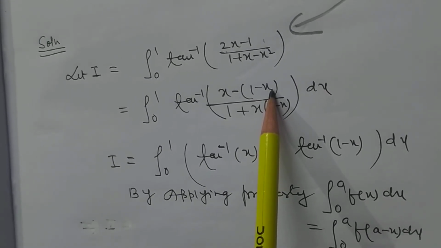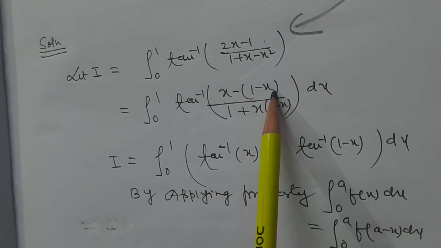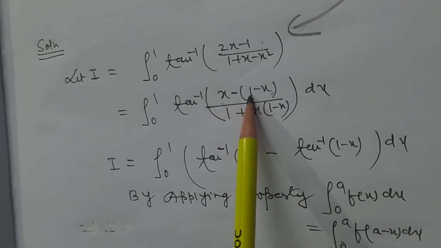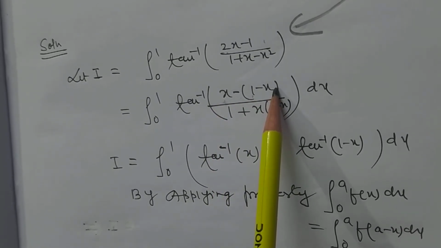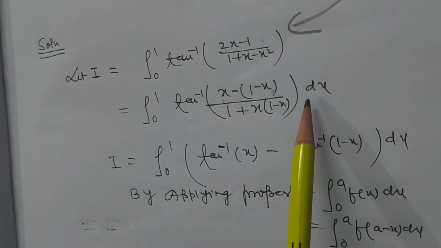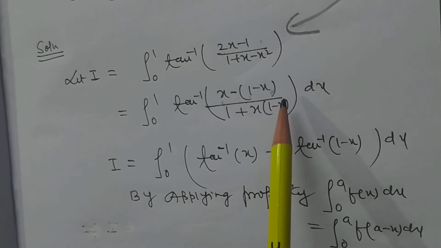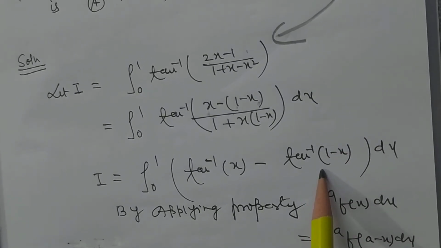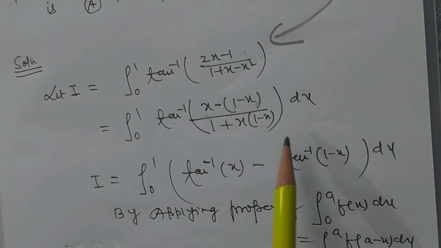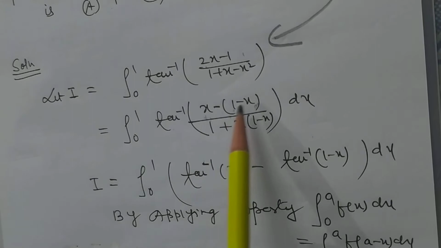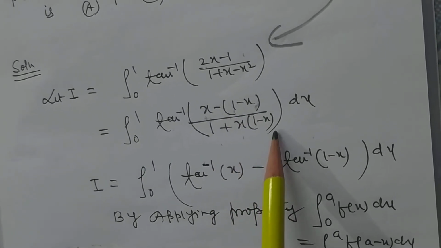This is the point you had to catch here. x minus (1 minus x), so minus minus plus gives 2x minus 1. Now what do you observe? It is on the formula: tan inverse x minus tan inverse y is equal to tan inverse of (x minus y) by (1 plus x into y).